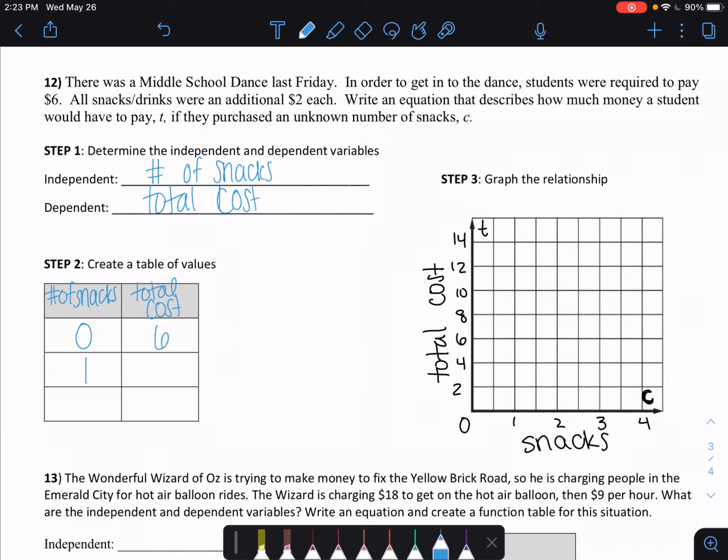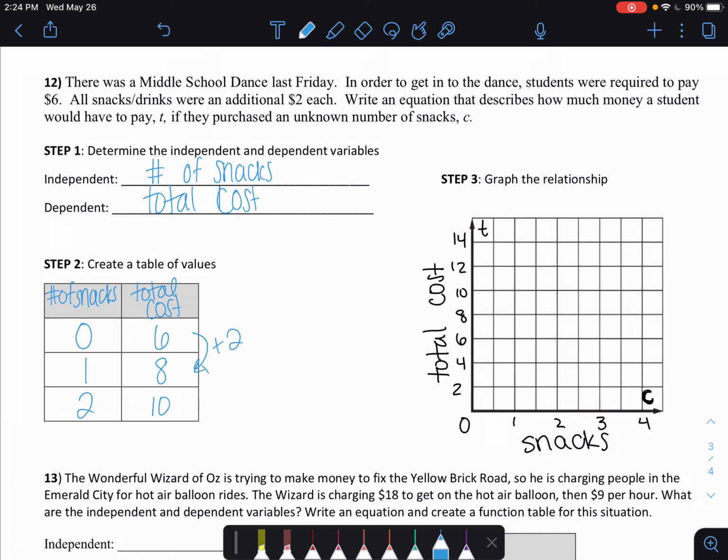If they buy 1 snack, they're going to pay the $6 to get in, plus an additional $2 for the snack, so they're going to pay $8. If they buy 2 snacks or drinks, they're going to pay the $6 plus the additional cost for the snacks, which is going to be $4, so 6 plus 4 is 10.